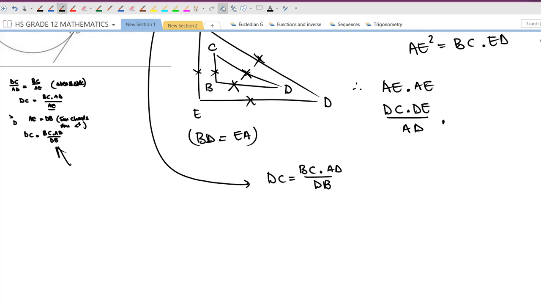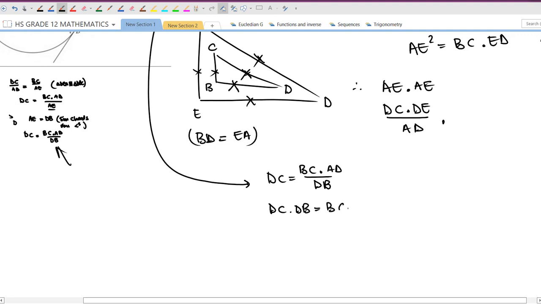Okay, so I can have DB, subject of the equation. So DC times DB equals BC times AD. So DB equals BC times AD on top of DC.